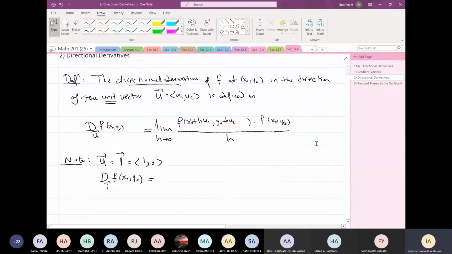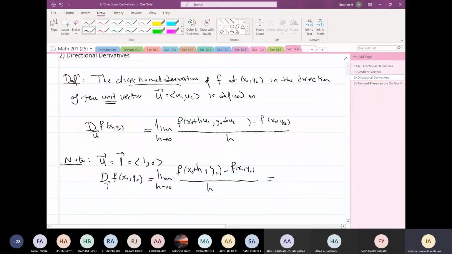This is the limit as h approaches 0 of f(x0 plus h times u1, y0 plus hu2) minus f(x0, y0), over h. What is u1 here for i? It is 1. And u2 is 0, so it is just y0.